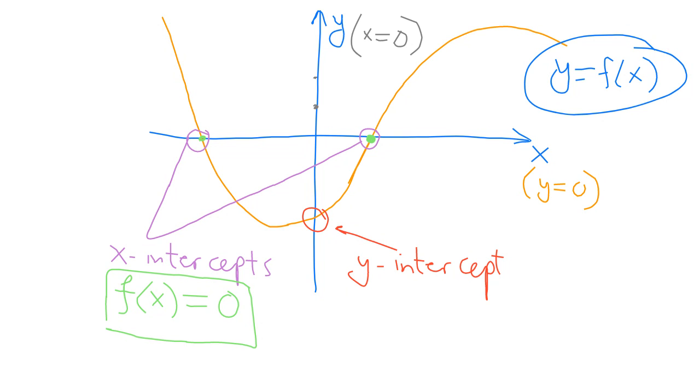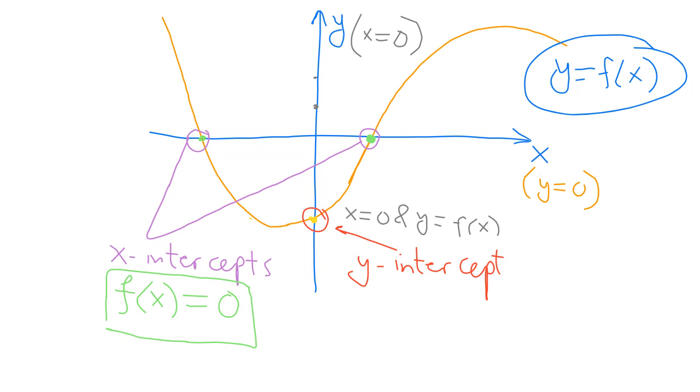So at this point, the same. X equals 0, y equals f of x. At this point, x equals 0, but also y equals f of x. Two curves meet at this point, the y-axis and this curve. So x equals 0 and y equals f of x.